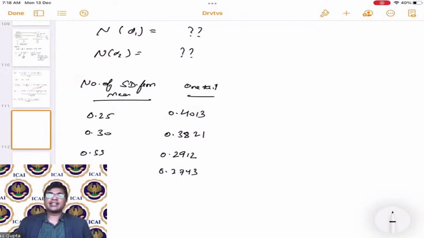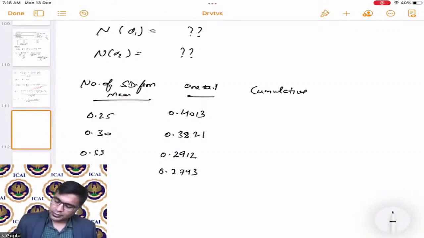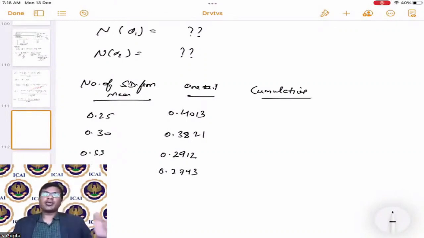This is the one tail that is given. Now to convert this one tail to the cumulative probability, we need to do 1 minus one tail. This will give us the cumulative probability. Now the cumulative probability is what we have to use.